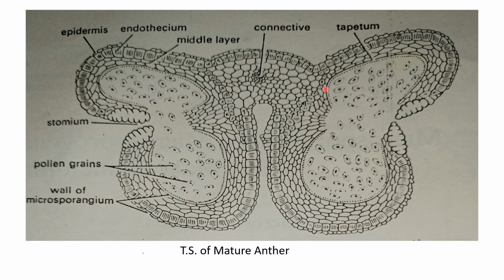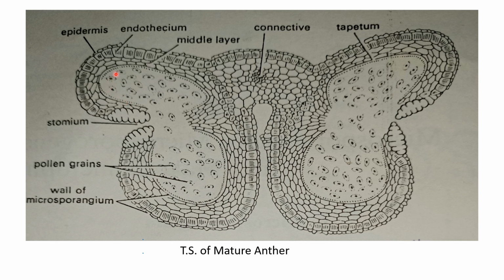This is the transverse section of a mature anther, showing different wall layers as well as the pollen sac. The wall layers include the outermost covering, the epidermis, which is a single layer, then next to the epidermis the endothecium, and inner to the endothecium a few layers which form the middle layers, and the innermost layer of the anther wall, known as the tapetum, which is nutritive in function.